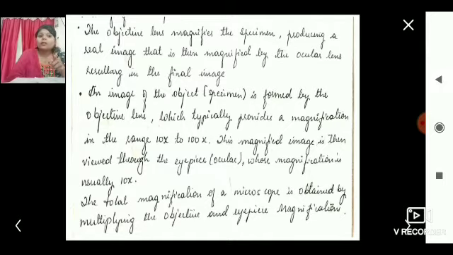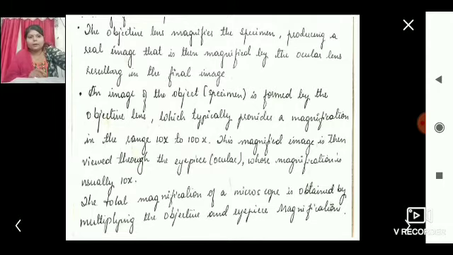The total magnification of the microscope is obtained by multiplying the objective and the eyepiece magnification. So if 10x is your eyepiece and 10x is the objective, then 10 into 10 is 100 times the size of the image you are seeing under the microscope.